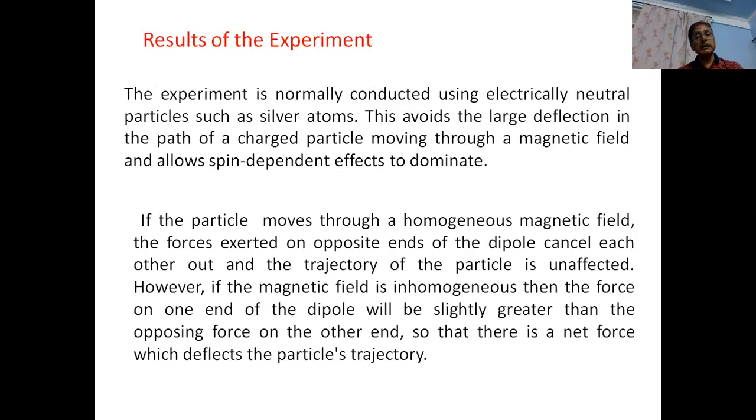Next point, if the particle moves through a homogeneous magnetic field, then what will happen? The forces exerted on opposite ends of the dipole cancel each other out and the trajectory of the particle is unaffected. However, if the magnetic field is inhomogeneous, then the force on one end of the dipole will be slightly greater than the opposing force on the other end, so that there is a net force which deflects the particle's trajectory.